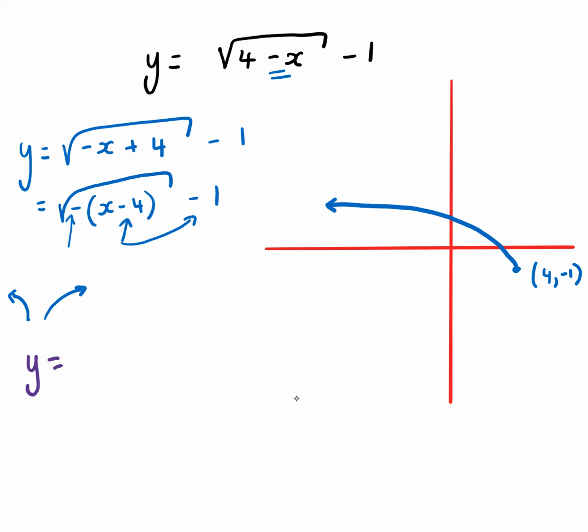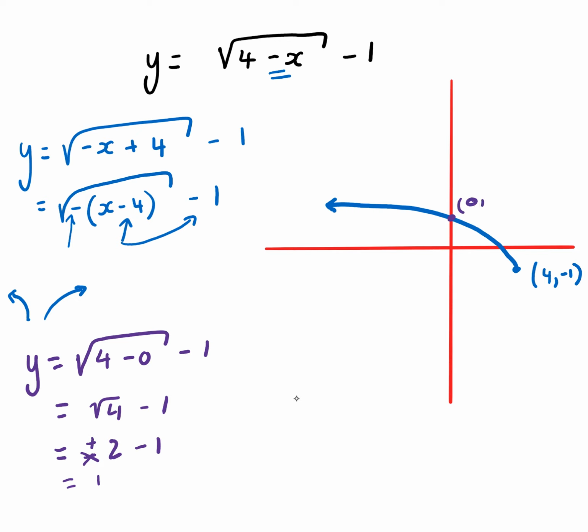Well, if y equals the square root of 4 minus 0, minus 1, then we've got the square root of 4 minus 1, which is plus or minus 2 minus 1. Now I know it's not going to be negative 2 minus 1, because it has to be positive from my shape, so I ignore that solution and I say that y equals 1. So that's where you need to look at your graph and look at the general shape in order to infer the right answer.